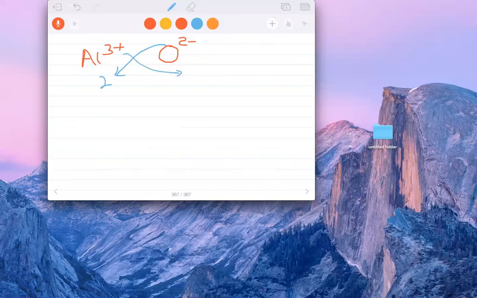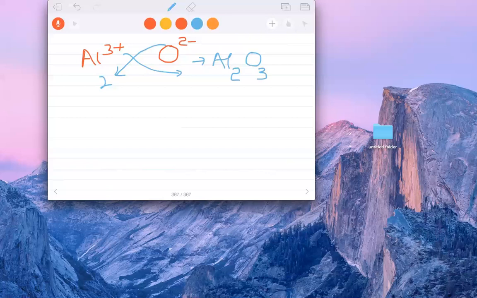And this will be Al2O3. The 2 is coming from oxygen, and the 3 is coming from aluminum, and that's how you use the crossover rule. If you look at how it is crossing over, you end up with the correct formulas.